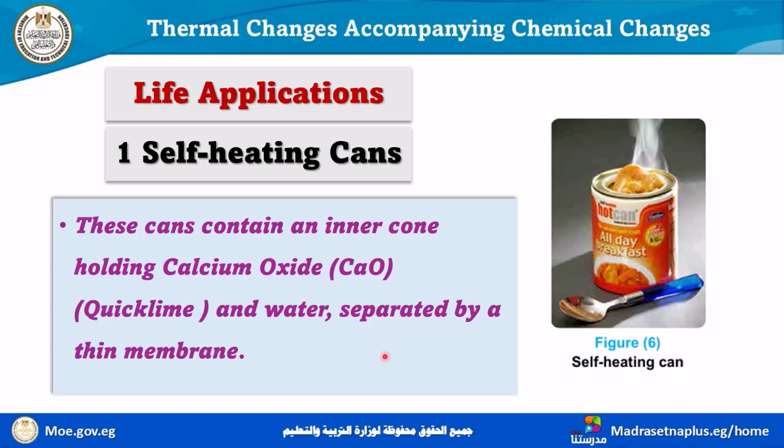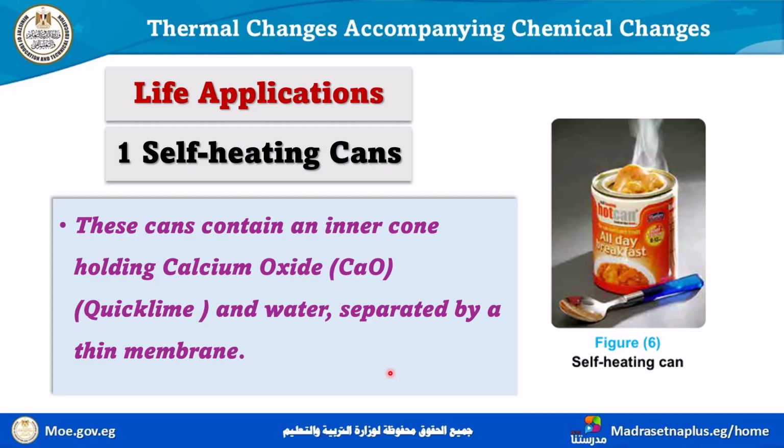The inner chamber contains the food or beverage. The outer bottom chamber contains two separate chemicals, which are calcium oxide and water. This is the structure of this self-heating can.